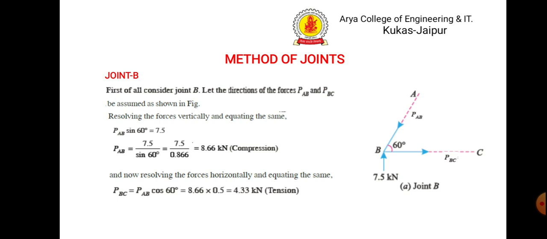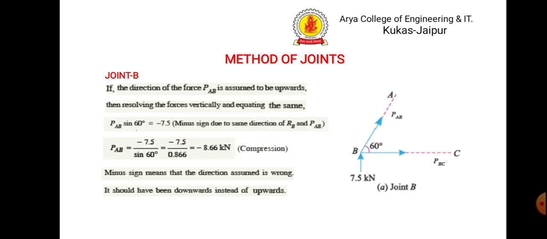Now, instead of taking PAB downward, suppose we take PAB upward, meaning all the forces are in tension. Then what will happen? If we resolve the forces vertically and equate, then PAB sin 60 plus 7.5 equals 0, because both the forces are in the upward direction.